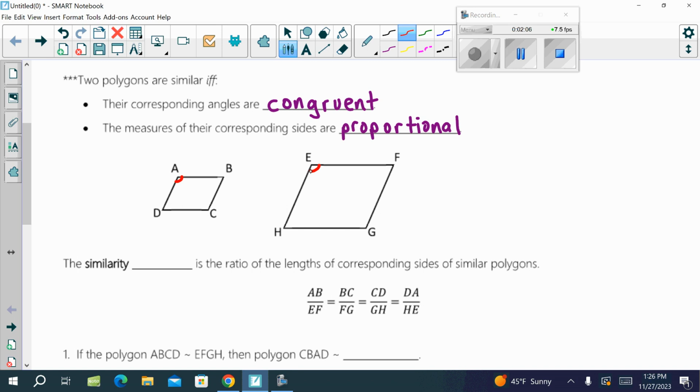E would have to be congruent to A. And then B, which one corresponds to B? F. So those two would have to be congruent. Remember, each arc shows the congruency there. So C would have to be congruent to G, and then D would have to be congruent to H.